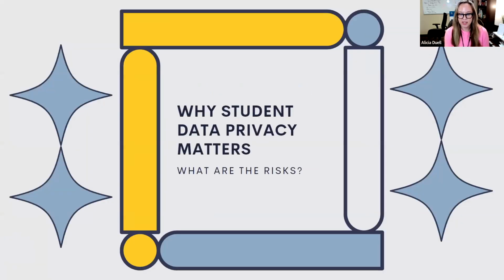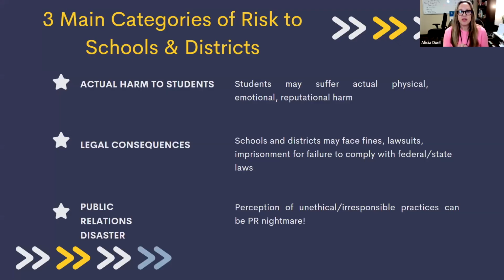So first of all, why does it matter? There are three main categories of risk to schools and districts if data privacy isn't taken into consideration. First of all, there could be actual harm to students. If some data privacy rules are violated, students can come to physical, emotional, or reputational harm. There also can be legal consequences for your school or district.